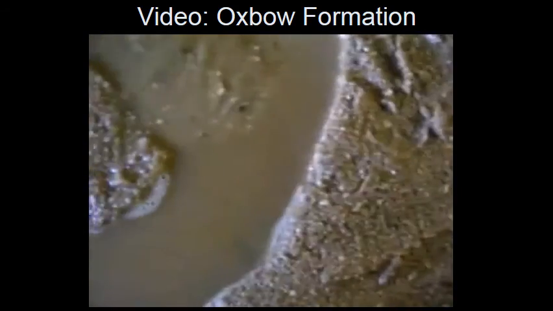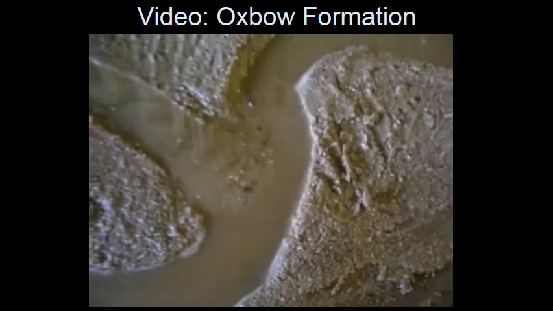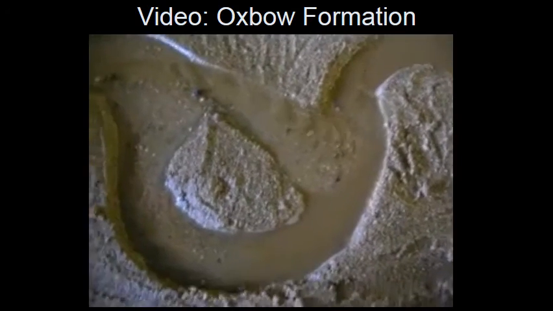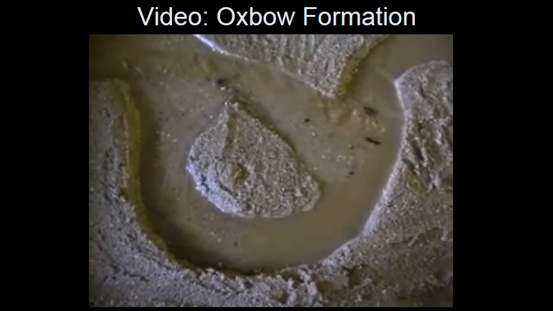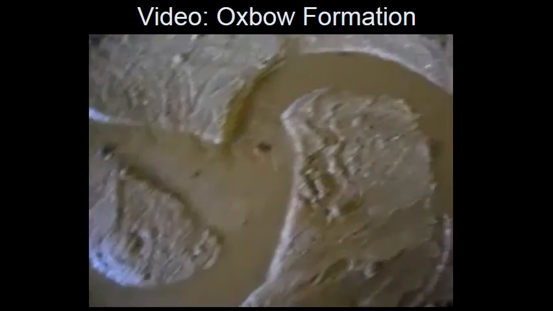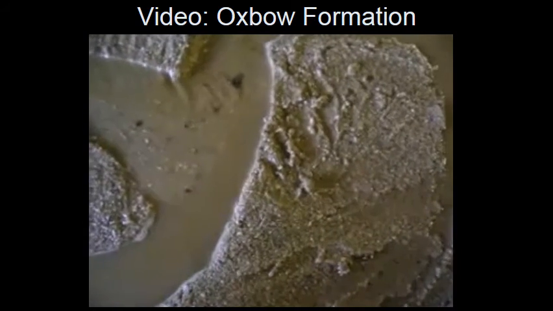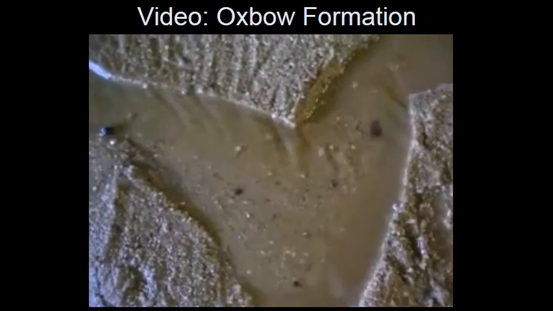It's hitting this one. It's working its way on this wall. And we have a perfect oxbow lake right there. And eventually, this will eat it up and go straight. See how it's cutting back and straightening?